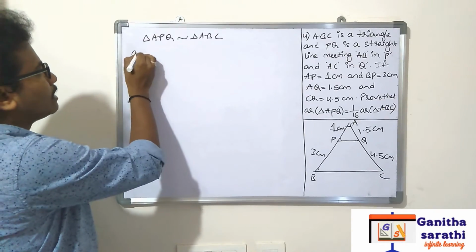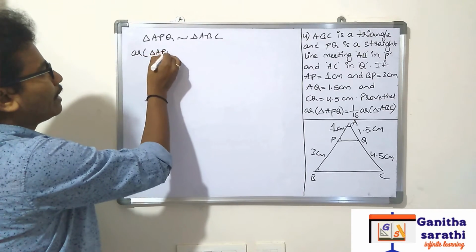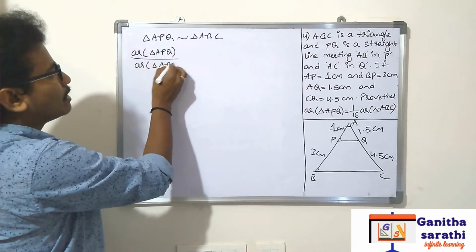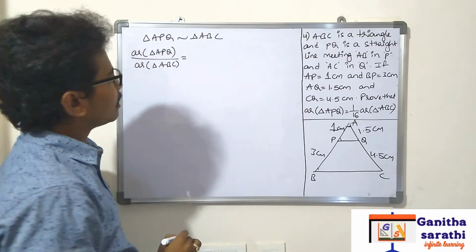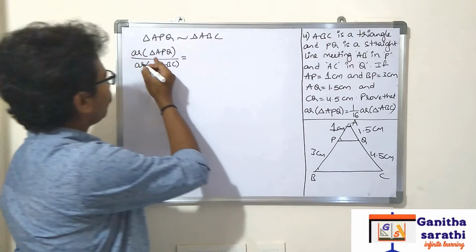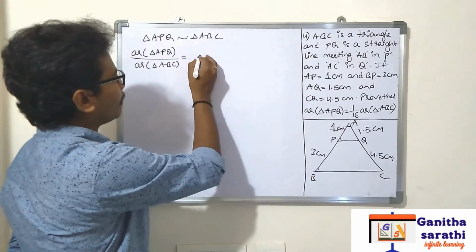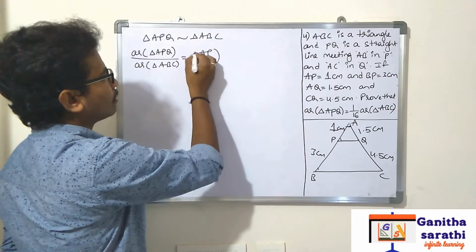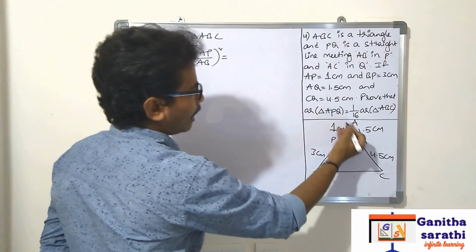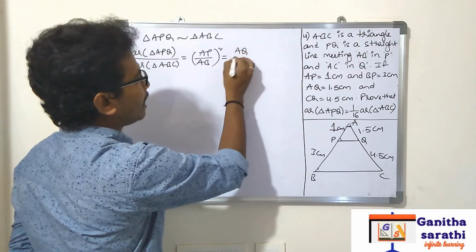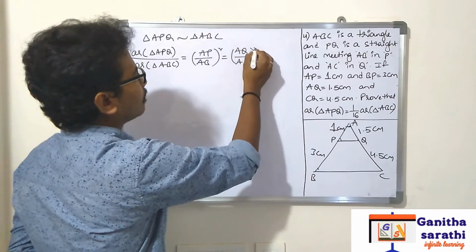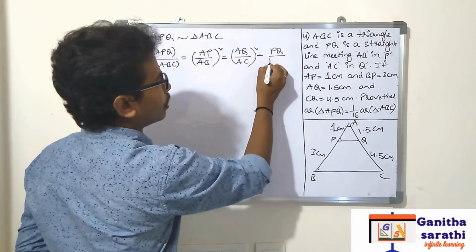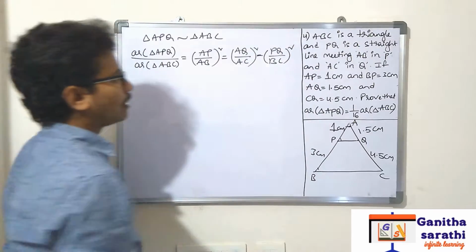So area of triangle APQ by area of triangle ABC is equal to, what are the corresponding sides? We have taken the small triangle first, so AP by AB whole square is equal to AQ by AC whole square is equal to PQ by BC whole square.